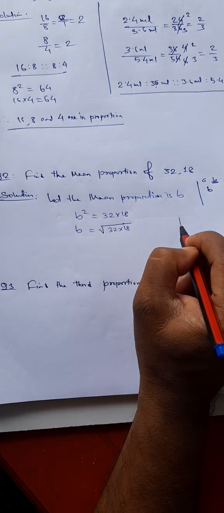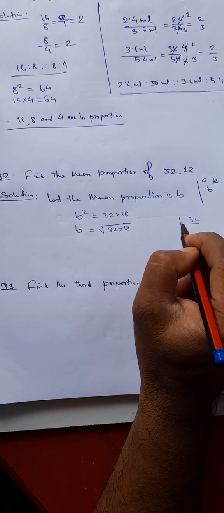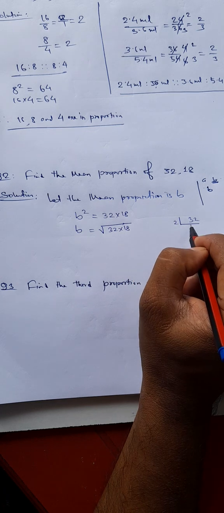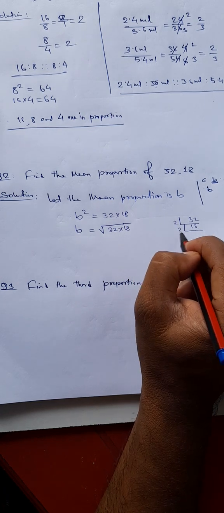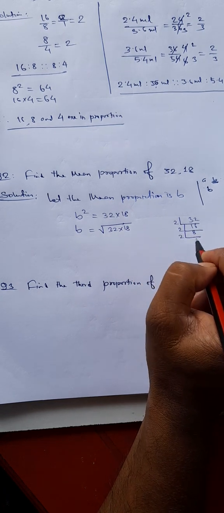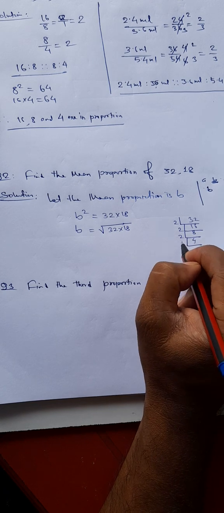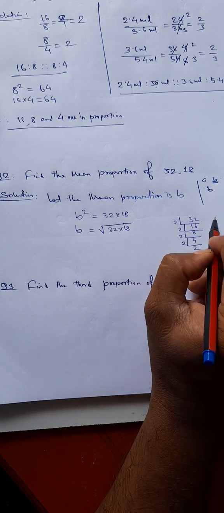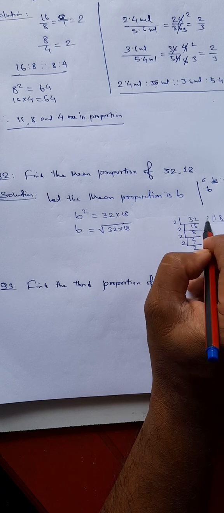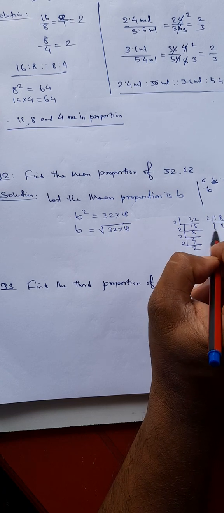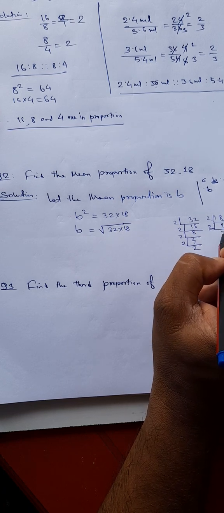Now let's do prime factorization. 32 is 2 times 16, 2 times 8, 2 times 4, 2 times 2. 18 is 2 times 9, 3 times 3.